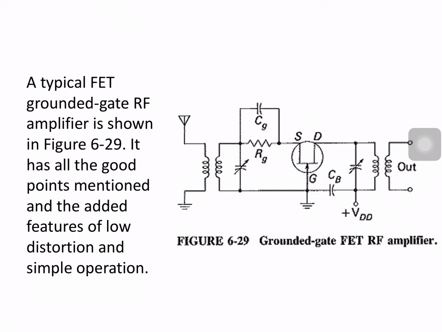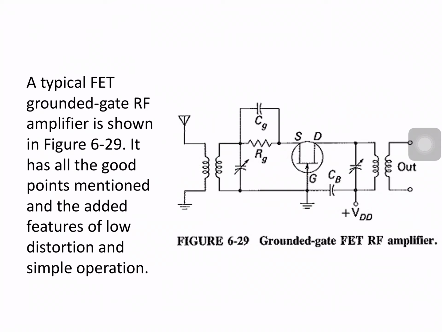Now let's see a typical FET grounded gate RF amplifier, shown here in figure 6.29. It has all the good points mentioned, and the added features of low distortion and simple operation.